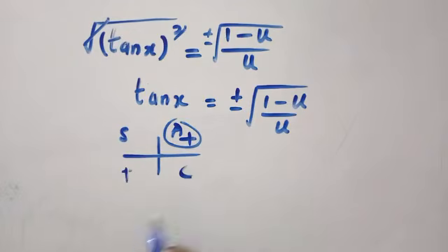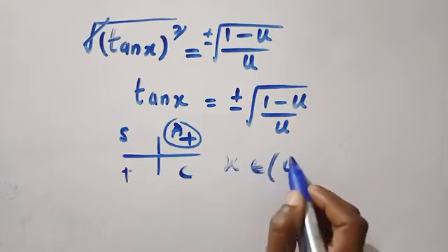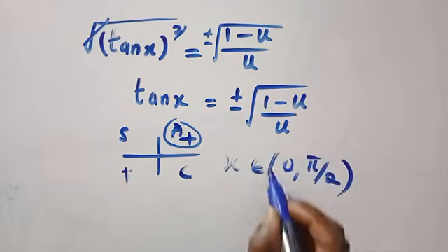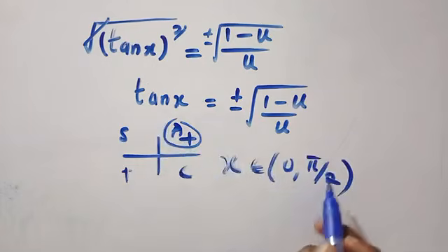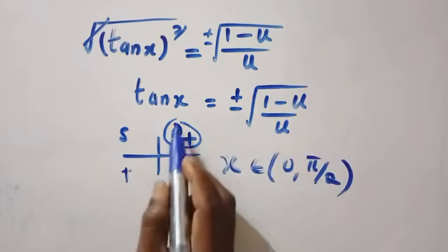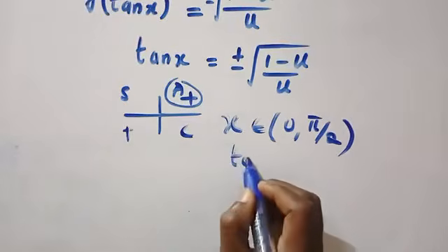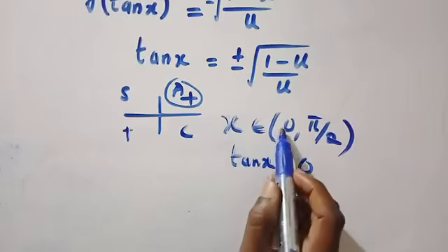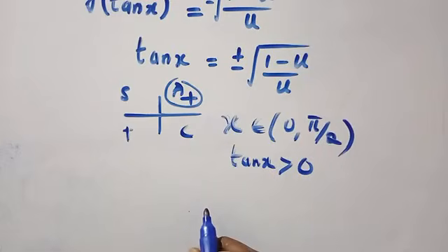If we limit ourselves to having x as a member of 0 to pi over 2, we are going to take a positive, because pi over 2 gives us 90, which means the first quadrant. Then we have tan x greater than 0, considering x is a member of 0, pi divided by 2.